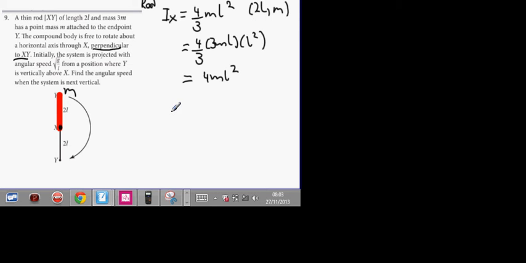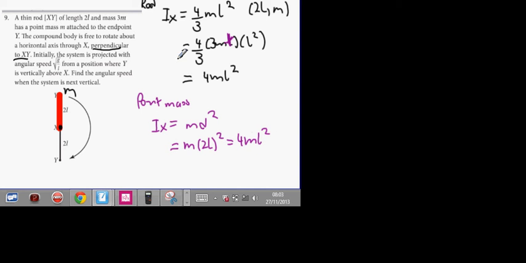Now we're going to go for the point mass, which we'll do in purple here. So point mass. You've got 3. Oh, sorry, not meant to have an L there. It's just 3ml squared. Point mass around X is M times the distance away squared, md squared. So it's M times 2L squared, and that will get us 4 ml squared.